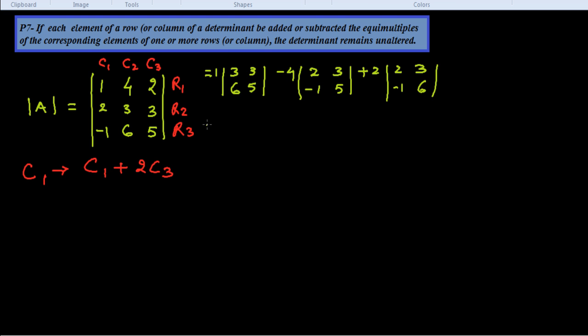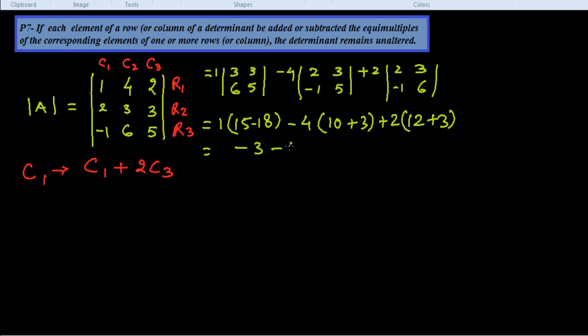Now we simplify this. 1 into 3 into 5 is 15, minus 18, minus 4 times 10 plus 3, plus 2 times 12 plus 3. This is what happens. It is minus 3, minus 4 into 13, plus 2 into 15.